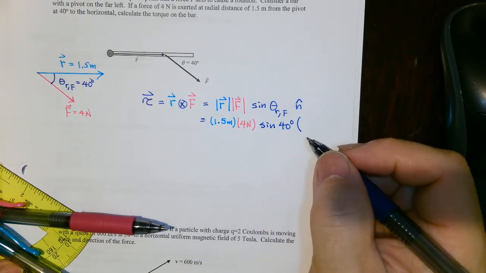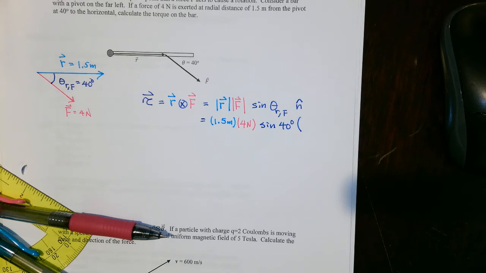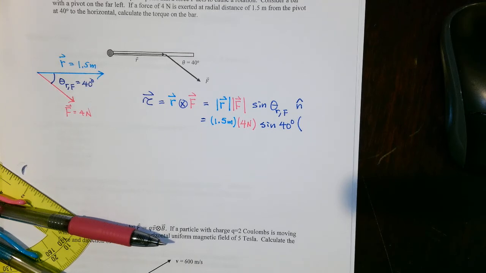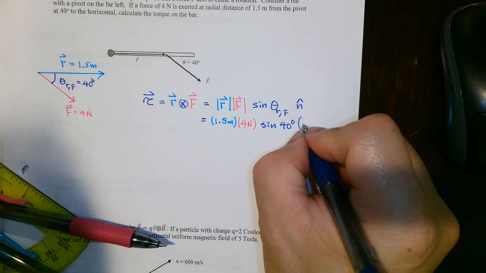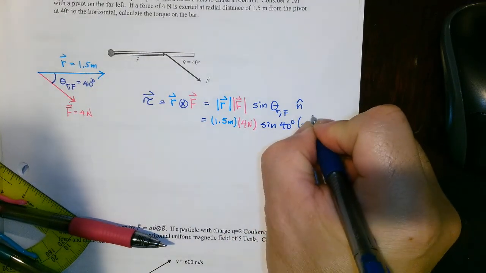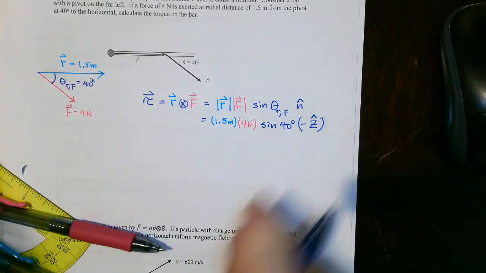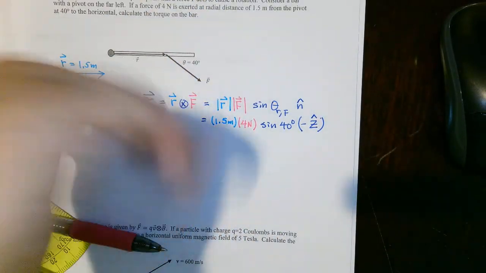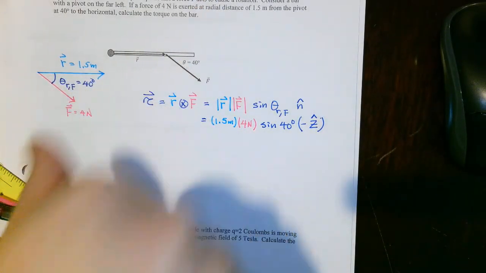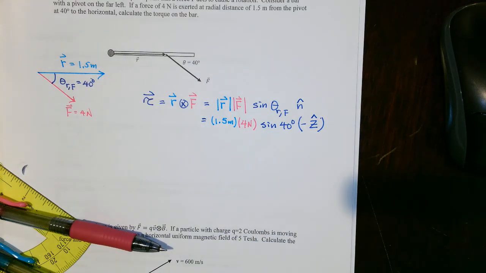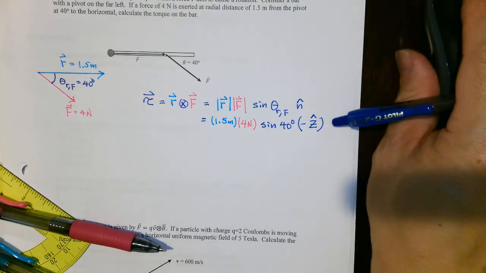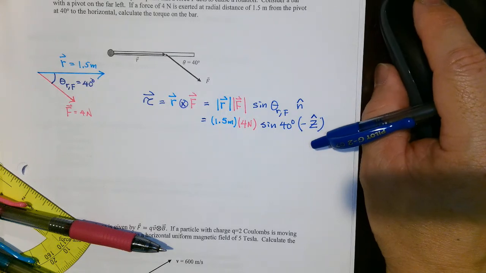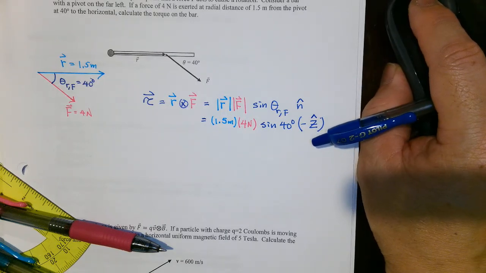Which way is the direction of my n hat? Negative z hat. Good. Negative z hat is correct, right? Because R cross F, and my thumb is pointing inwards. Okay? So, that's correct.